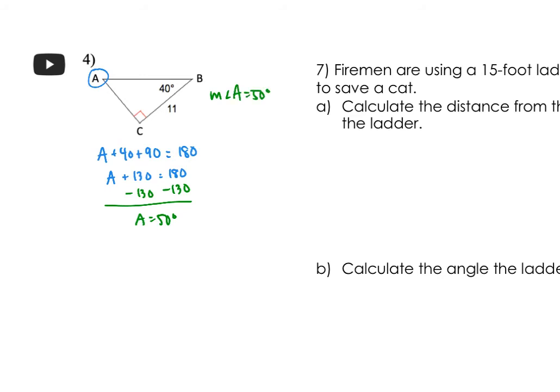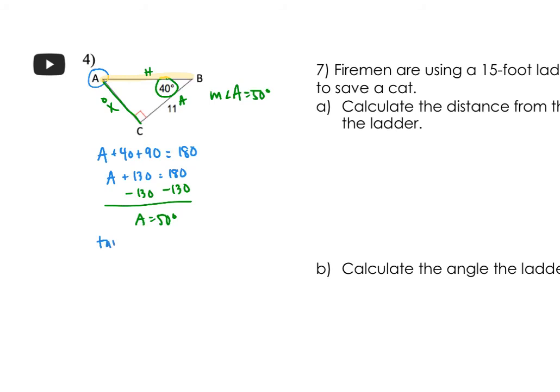All right, so now we're going to choose a side to solve for. I'm going to solve for AC first, so I'll call that X. So 40 is my reference angle. AB is my hypotenuse. And labeling my sides, this is H, A, and O. So I'm solving for my opposite side, and I have my adjacent, which means I'm going to use tan.